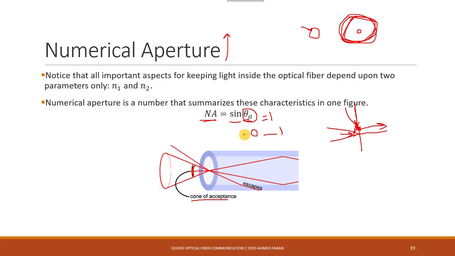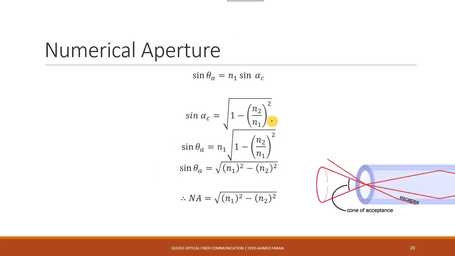Both these extreme values are not possible, because a numerical aperture of 0 means none of the light is accepted, and a numerical aperture of 1 means all of the light that can possibly come near the surface of the fiber optic will be accepted. Practically the numerical aperture is between 0 and 1, depending upon how big this opening is. The bigger the opening, the bigger the angle, and the bigger the answer of the numerical aperture.